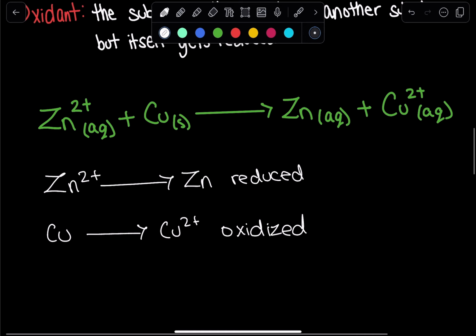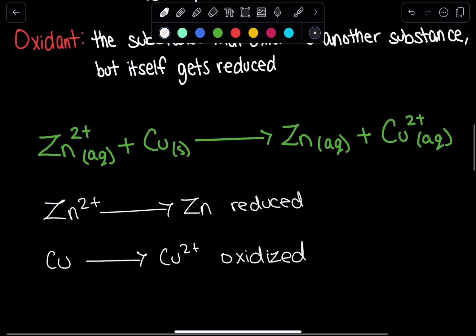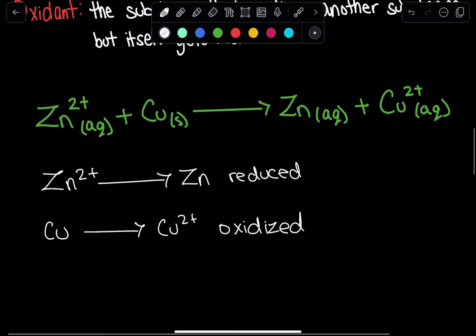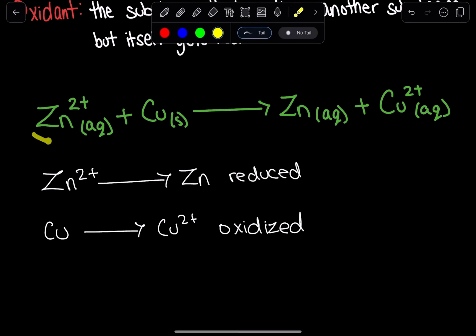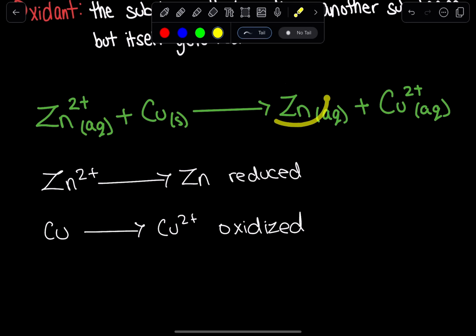So now, how can we identify the oxidant and the reductant? So over here, we can make note that zinc has a 2 plus charge, and zinc over here has a 0 charge, so it gained electrons. So the donator of those electrons was actually copper, because copper lost 2 electrons and became copper 2 plus.